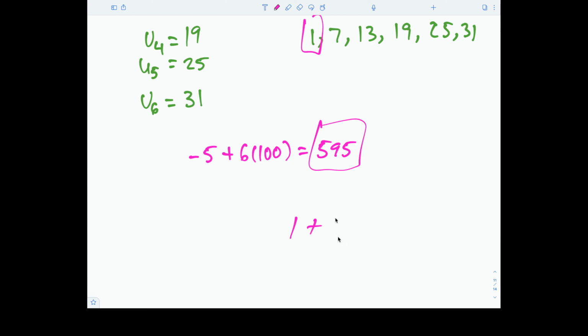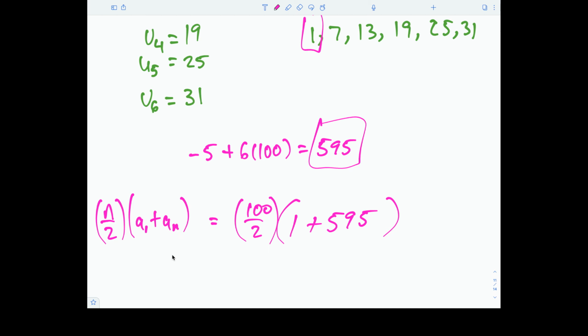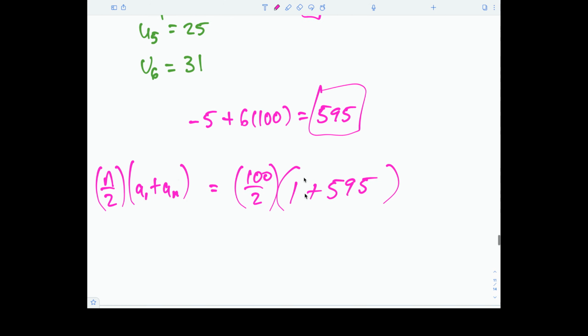Gauss taught me: take the first, take the last, add them together, multiply by the number of pairs, and we're good to go. By the way, this is the same thing as substituting n over 2 times a_1 plus a_n. I just think Gauss's story works better, because our brains function based off stories, not really equations. So n is 100, a_1 is 1, a_n is 595.